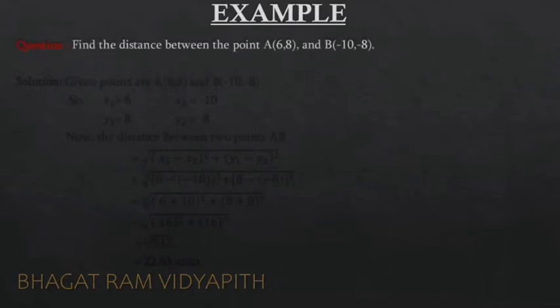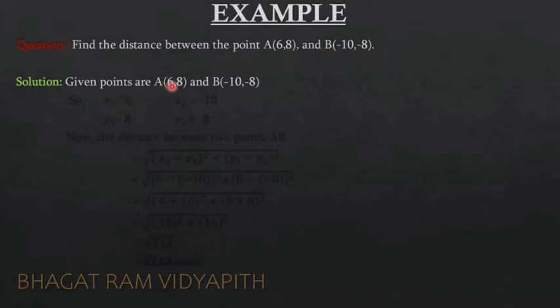So the problem statement goes: the given points are A (6, 8) and B (-10, -8). Remember students, after reading the question, the first instinct should be to gather the data points, which is A (6, 8) and B (-10, -8).